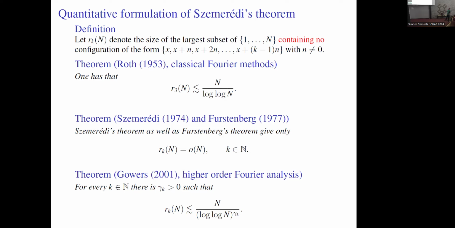Originally this is 1 over 2 to some large power, which reflects how many times the Cauchy-Schwarz inequality is used in this proof. So originally this is a very small number.